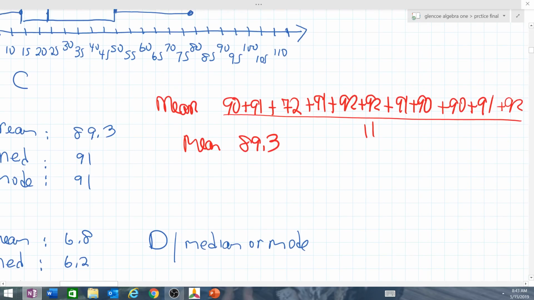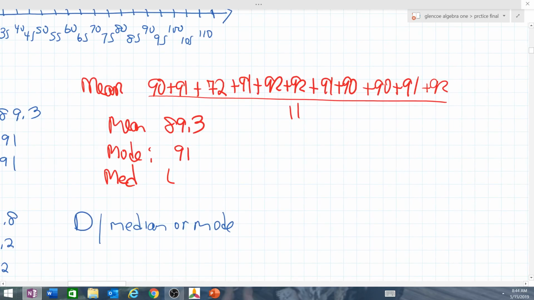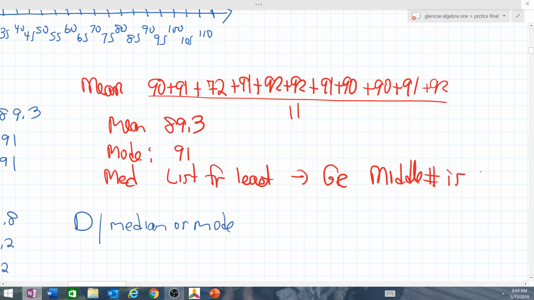Your mode is the number that appears most often, and there were four 91s, so your mode was 91. And to find the median, we had to list them in order from least to greatest, and your middle number is also 91.